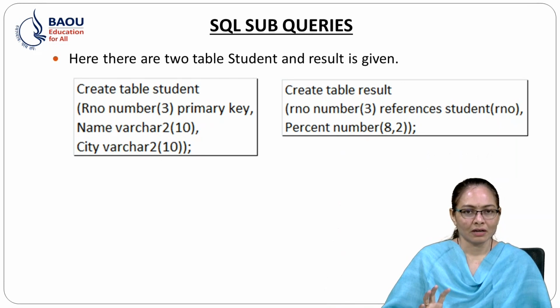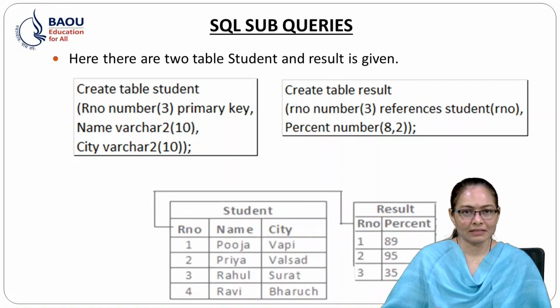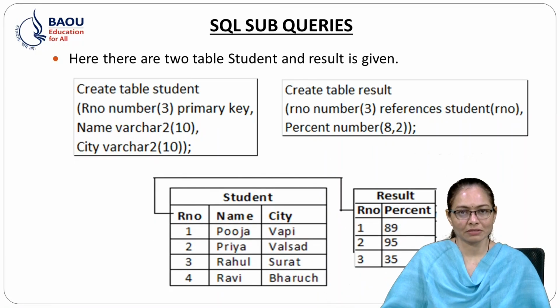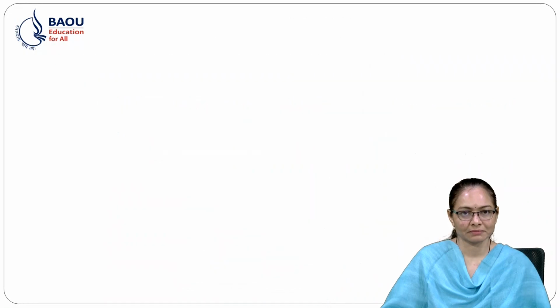So if we fetch data from more than one table, then all the tables are joined or related to each other. The student table contains 4 records and the result table contains 3 records. Here we see in the example.